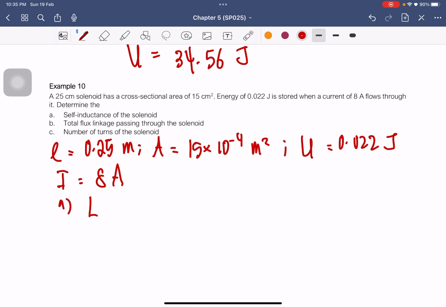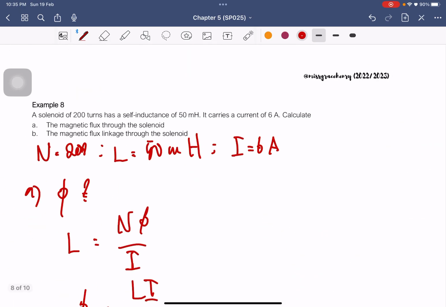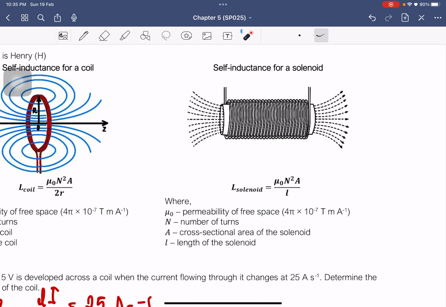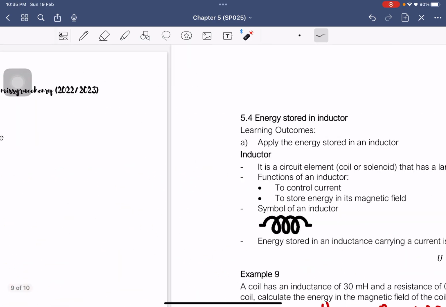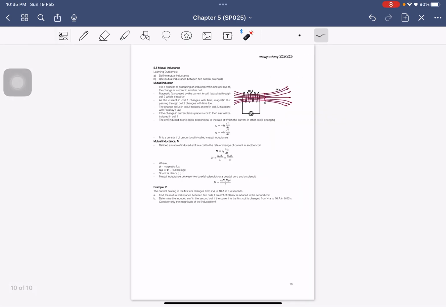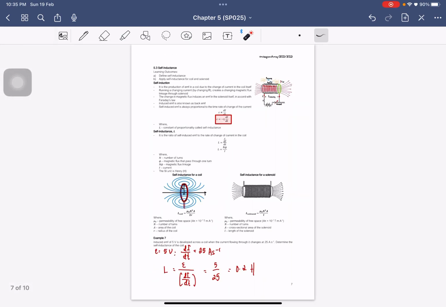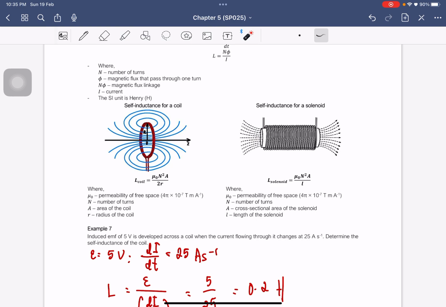So we know that we have the formula of the solenoid, but what is it asking? It is asking for the self-inductance of the solenoid, L. The information that we have is only the area, the energy, the current and the length.